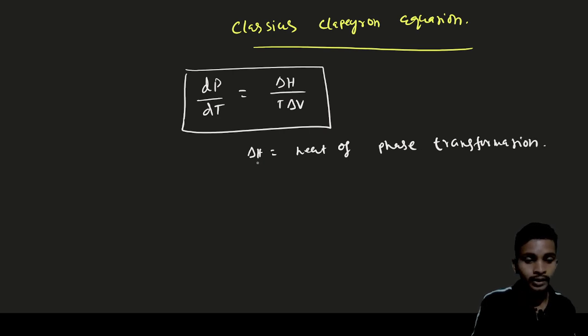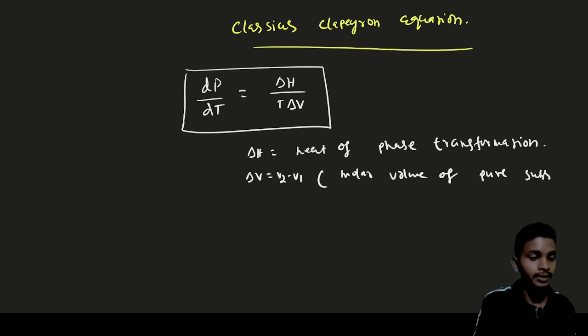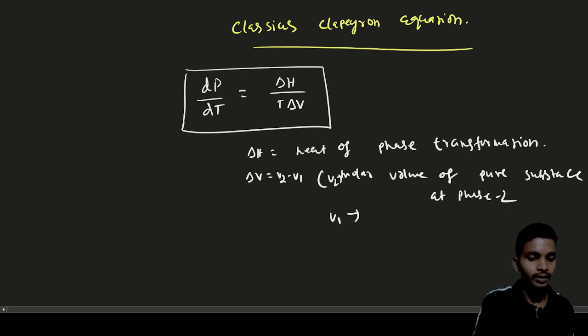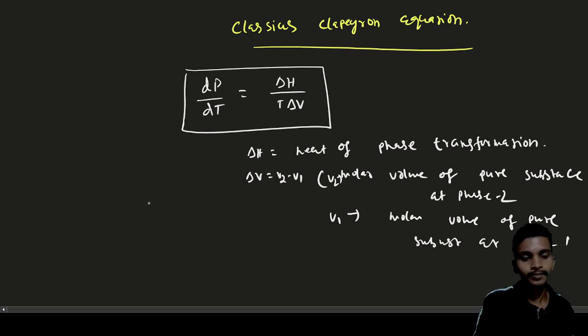And ΔV is V2 minus V1, where V is the molar volume of the pure substance: V2 is the molar volume of the pure substance at phase 2, and V1 is the molar volume of the pure substance at phase 1.